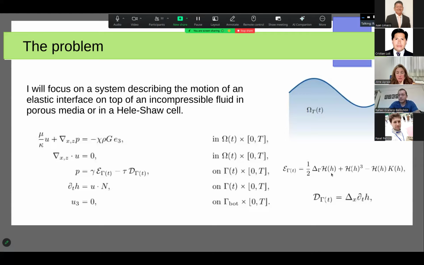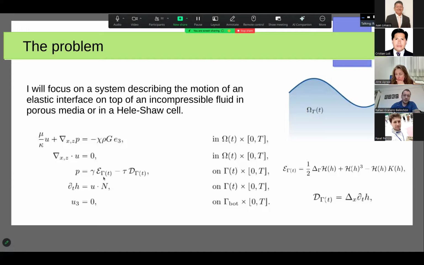Why the bilaplacian? Because the curvature has two derivatives, and this Laplace-Beltrami is hitting the curvature. So imagine that this is just the fourth derivative of h in space. And this term right here, this capital D, is related to some sort of viscoelastic diffusion.